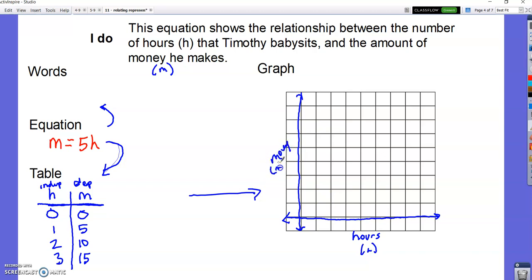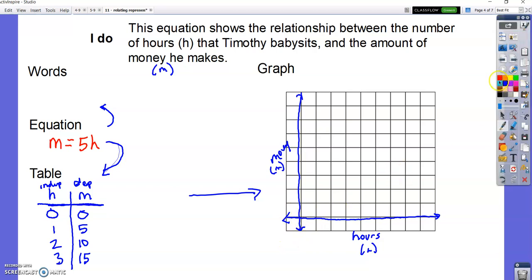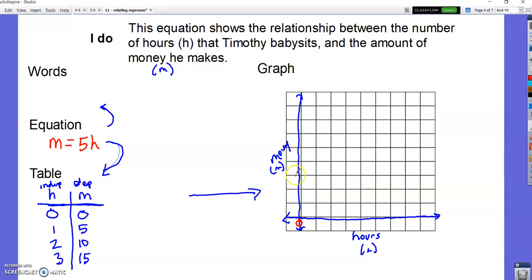Money. And I need a scale. Let's see. Looks like 5, 10, 15. I'm going to do my hours by ones. 0 hours goes right where the other axis hits here. 1 hour goes on this line. 2 hours goes on this line. 3 hours. 4, 5, 6, 7.